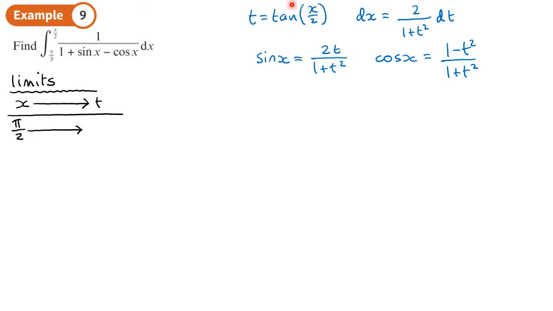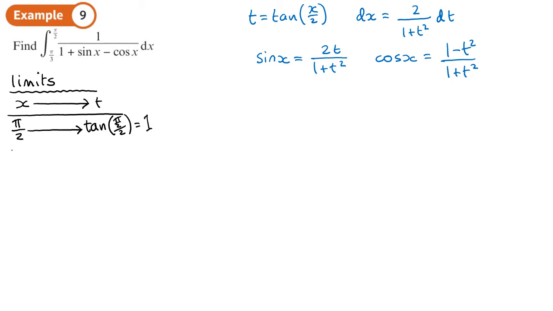This is what links x and t. So we just do the tan of pi over 2 over 2, which is the same as tan pi over 4, which is 1.